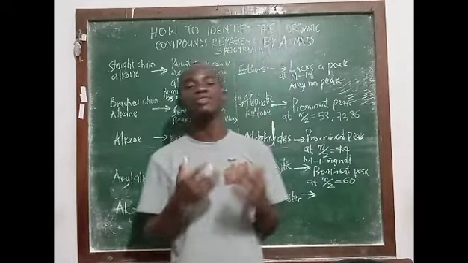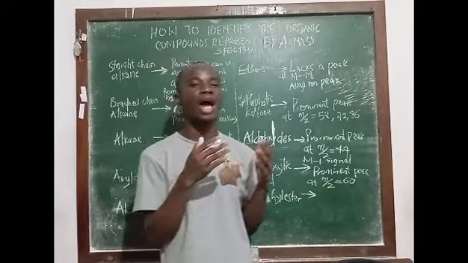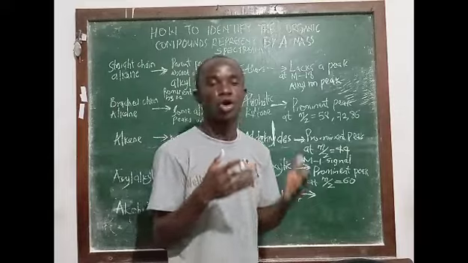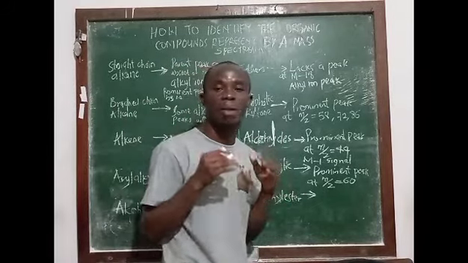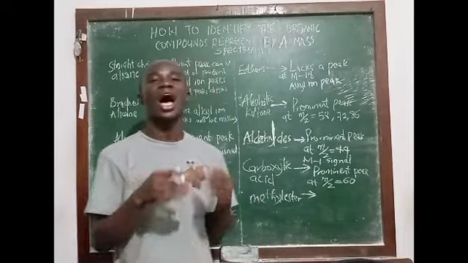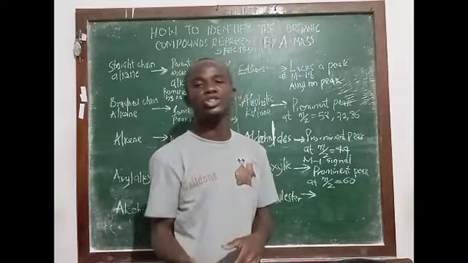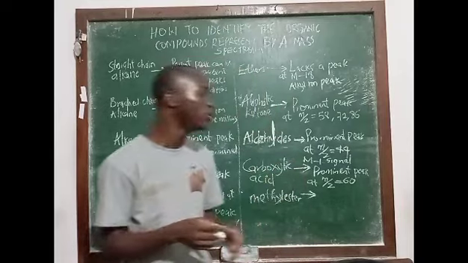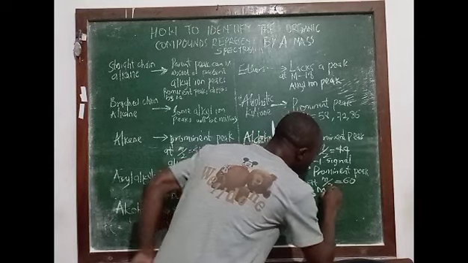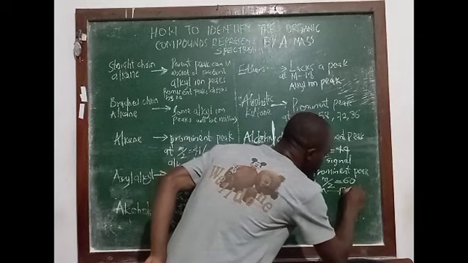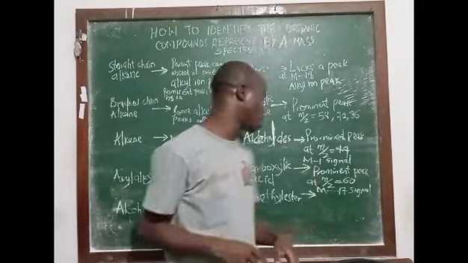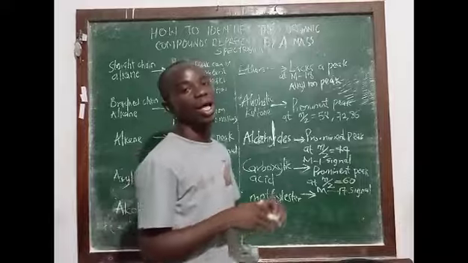What that implies is that if the parent peak of a given mass spectrum is at, let's say, 100, and the mass spectrum represents a carboxylic acid, we expect that there should also be a peak at 83, because 100 minus 17 gives us 83. So in a carboxylic acid mass spectrum, there will be an M minus 17 signal present.